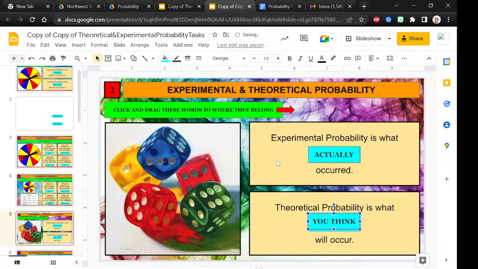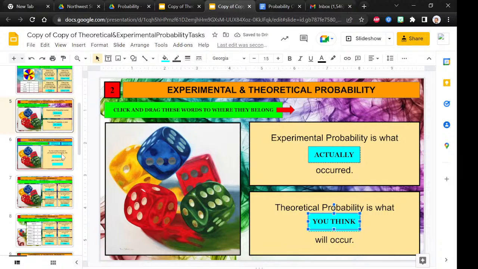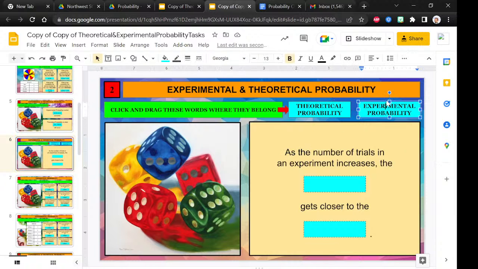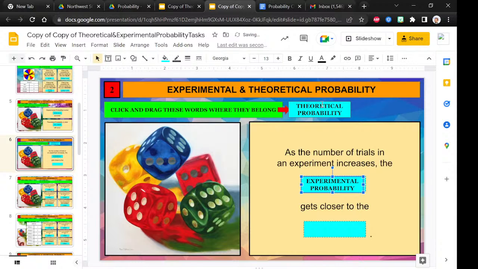So again, experimental is certainty, theoretical is what is possible. So as the number of trials increases, the experimental probability gets closer to the theoretical probability.